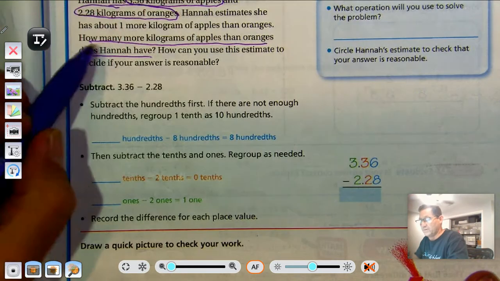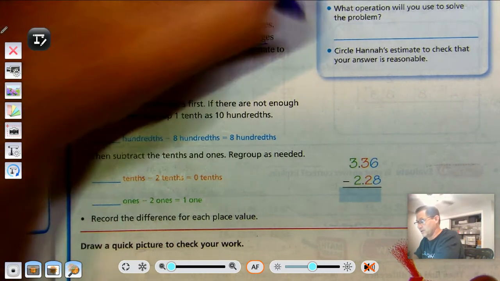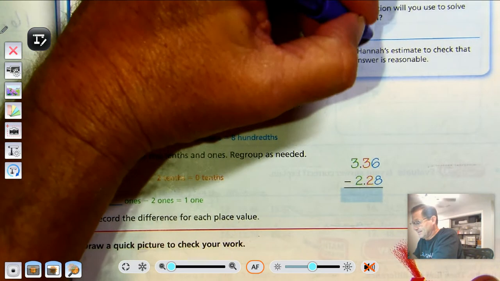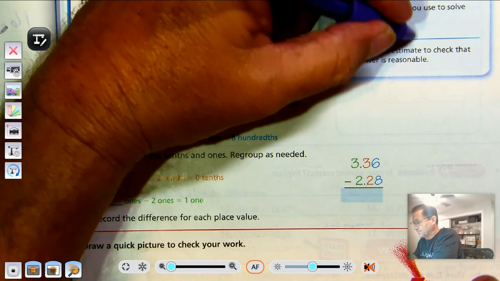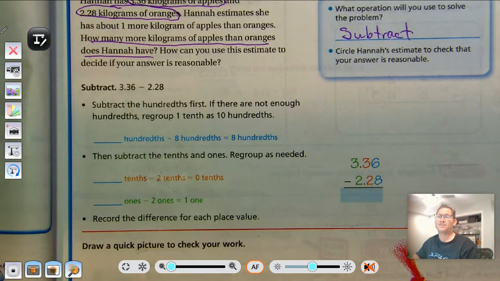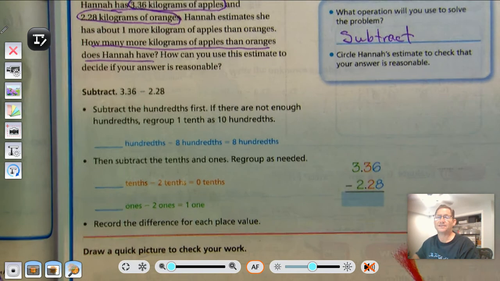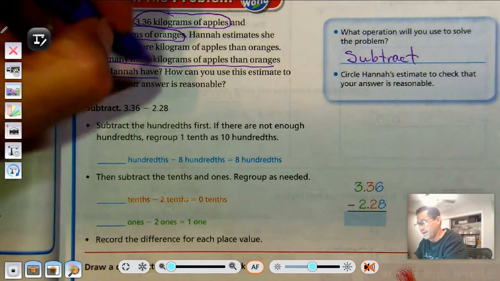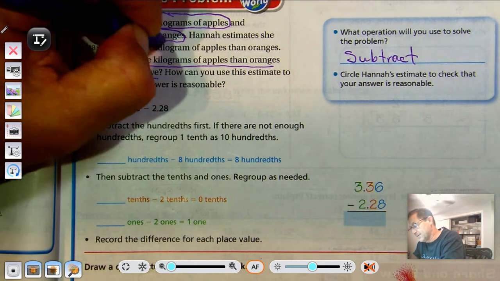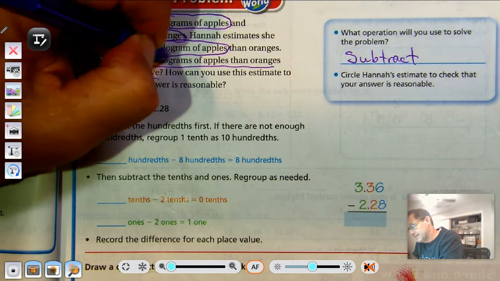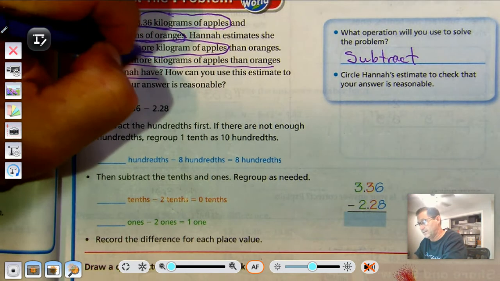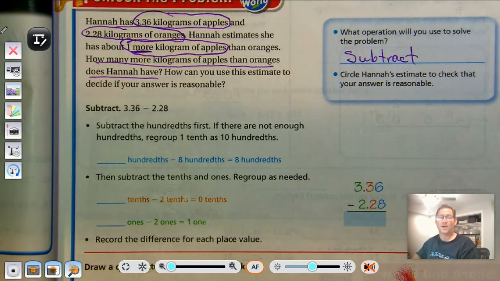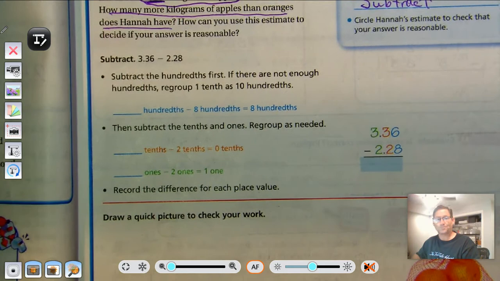So that clue, the words how many more, is a clue that we need to subtract. Okay, and it wants us to circle the estimate that we're going to check to see if our answer is reasonable. And her estimate is 1 more kilogram.